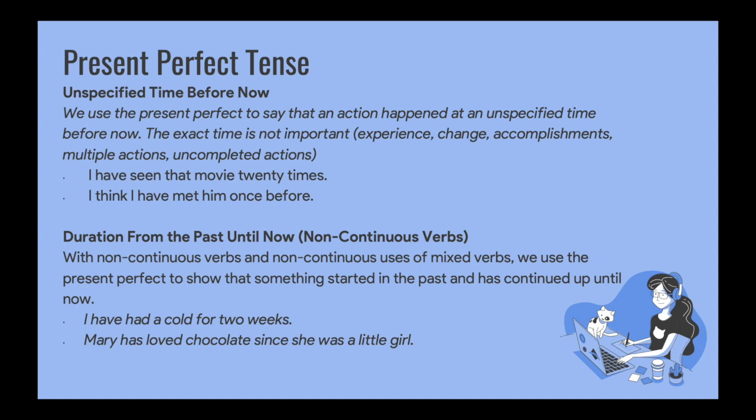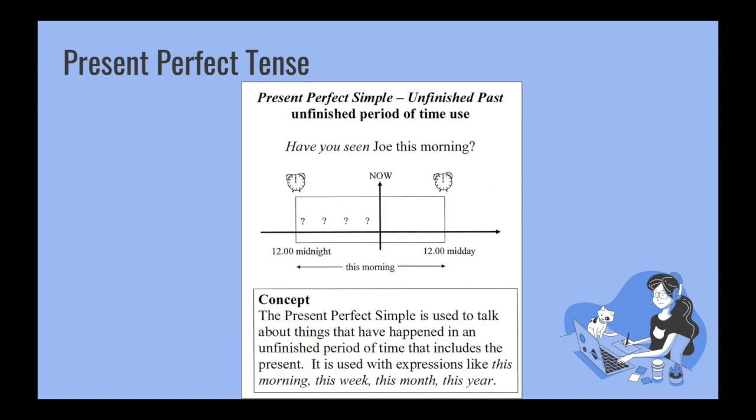We use the present perfect to show that something started in the past and has continued up until now. For example, I have had a cold for 2 weeks, or Mary has loved chocolate since she was a little girl.